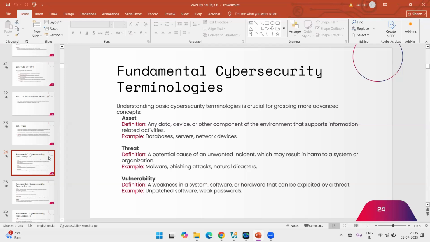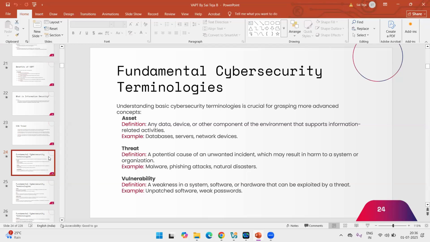And what is a threat? A threat is a potential cause of an unwanted incident which may result in harm to a system or an organization. There are various types of threats, for example phishing and insider threats.